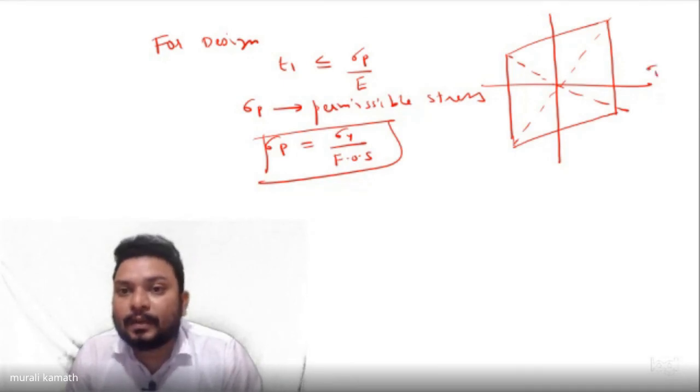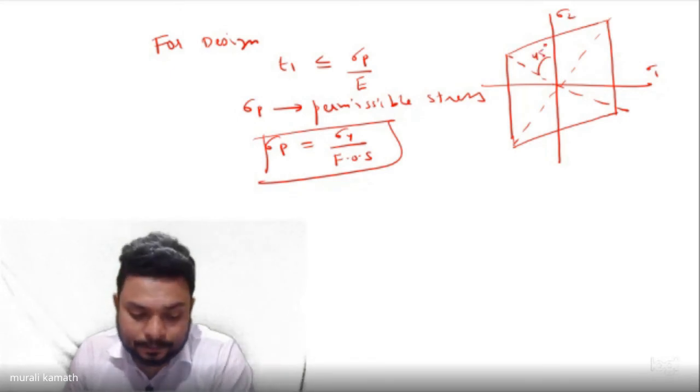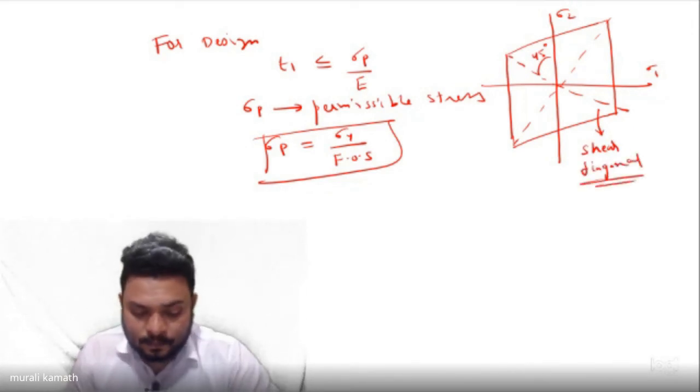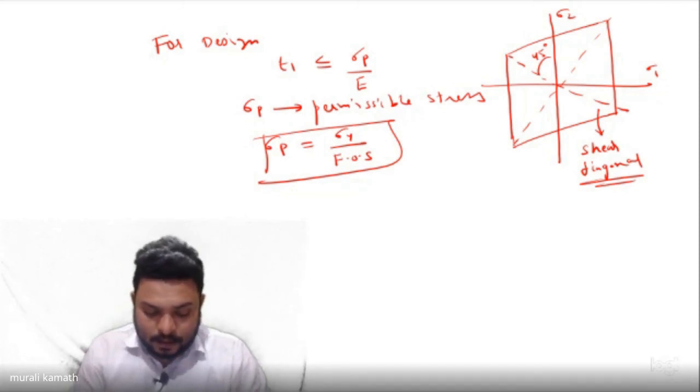Strain is in sigma 1 and sigma 2. This is at 45 degree. This is called your shear diagonal, where your principal strain can occur.